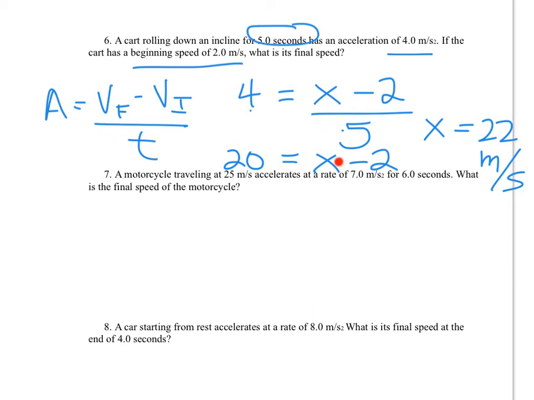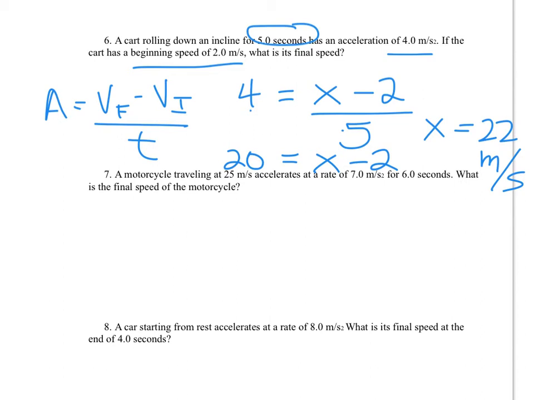And if I'm doing this for 5 seconds, then I'll just do 5 times 4, which will give me my final speed. But I started at 2, so I need to add 2, which gives me 22 meters per second. But for those of you who like to use formulas, you can just plug in the numbers that you have, and then solve for x.